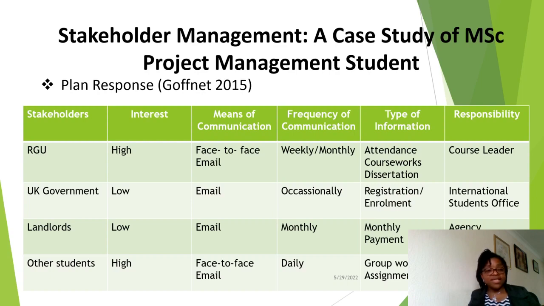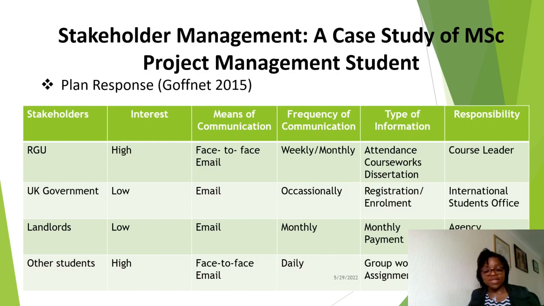We are going to consider their interest, how high, how low, and the means of communicating with them to ensure effectiveness of your engagement with them and their engagement with you. Then the frequency of communication and the type of information that is being disseminated. At the end of it, who will be responsible for the task?